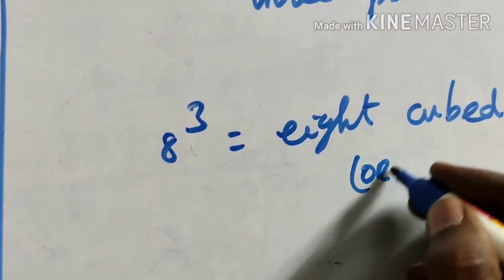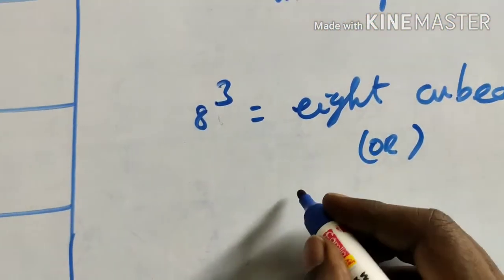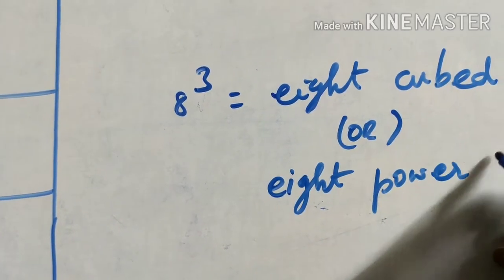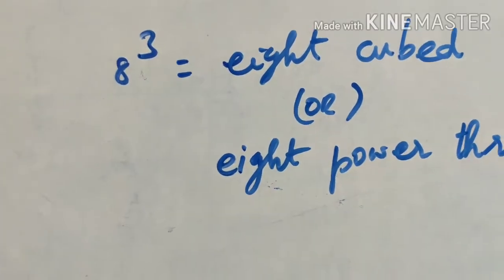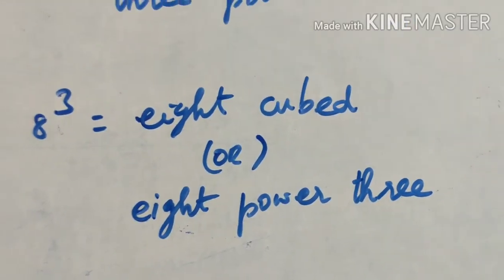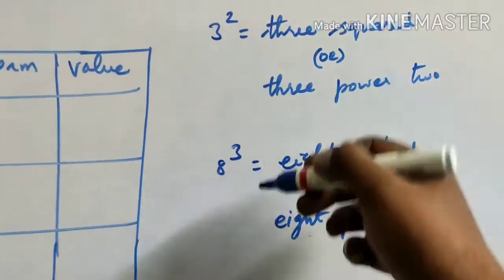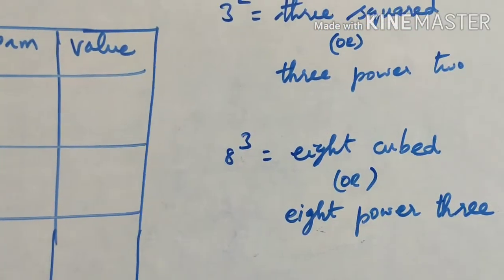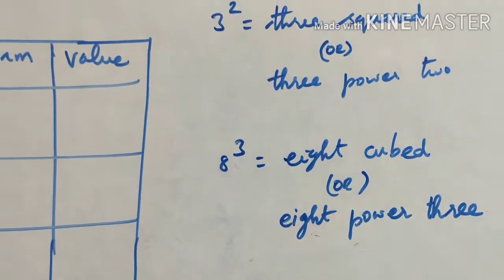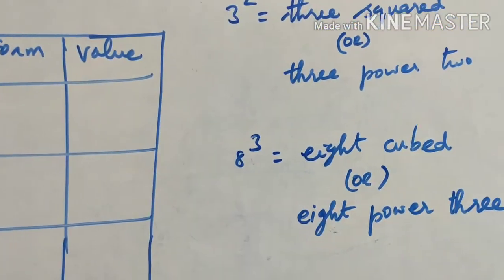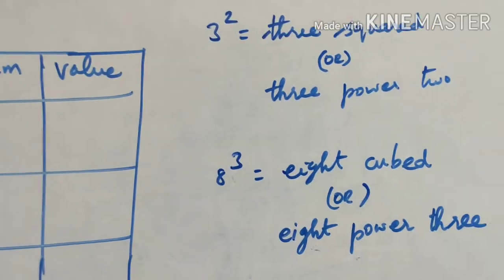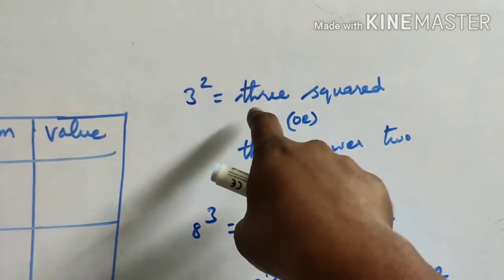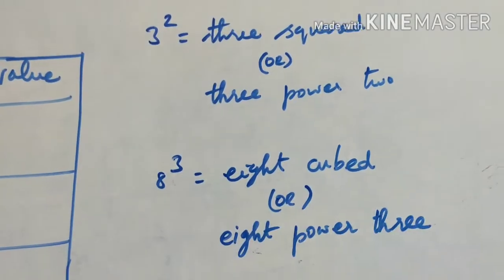So this is a way to read these numbers: 3 square, 8 cube. More than this, power 4, power 5, we say only like that, not any other different names. For power 2 and power 3 alone, we say squared, cubed.